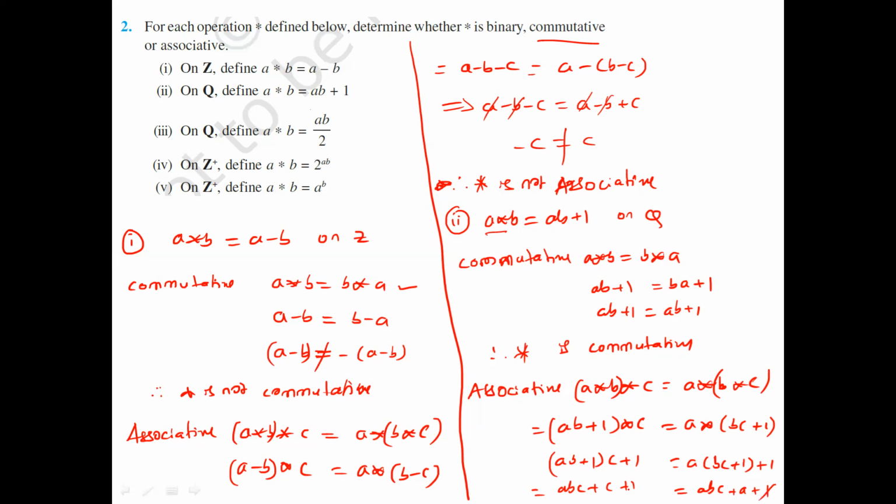So plus 1 on both sides gets cancelled, ABC gets cancelled. C and A are not equal. So therefore, star is not associative.